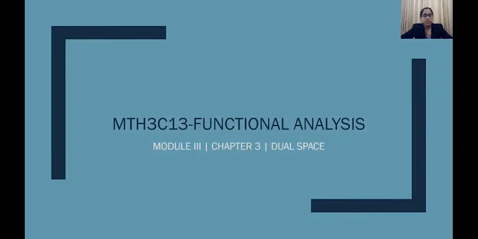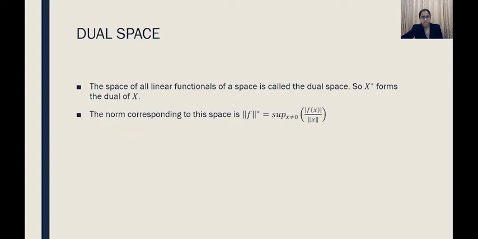If you all remember, in the last section of chapter 2.3 we had discussed the concept of linear functionals. We had also seen that they form a linear space, and we had defined a norm for that particular space. The space of all linear functionals is called the dual space.